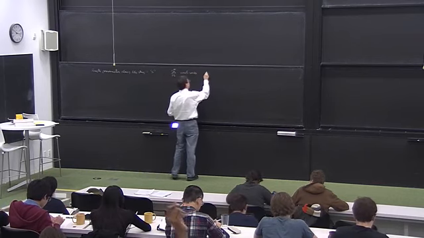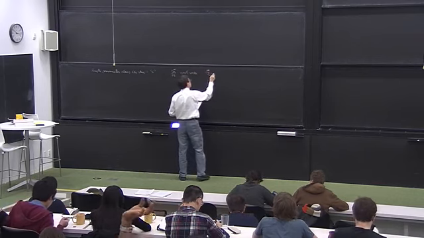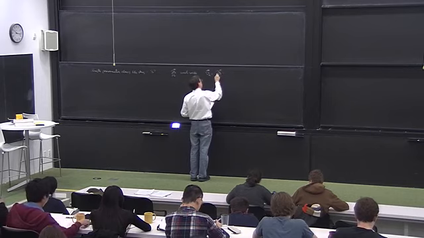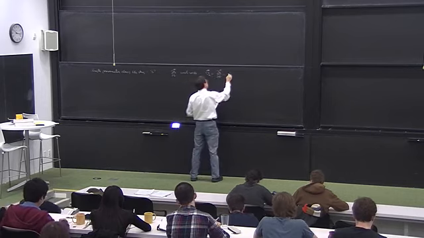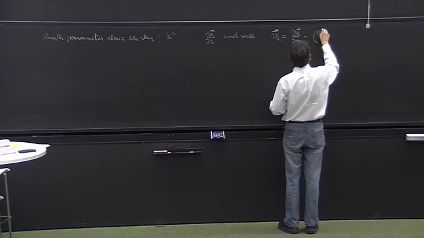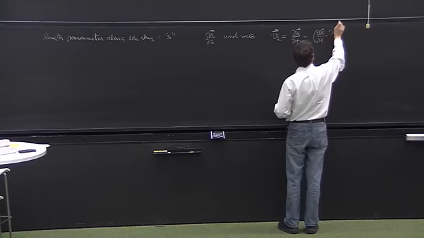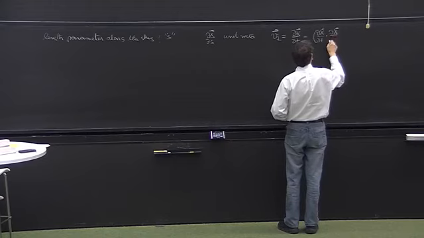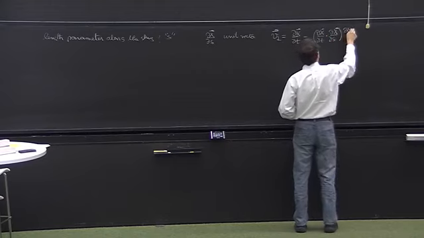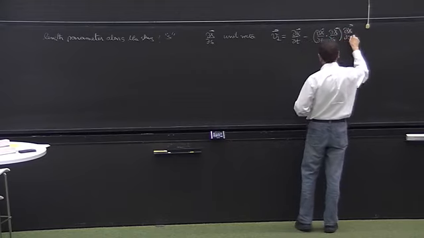And we defined the perpendicular velocity to be the transverse velocity, (dx/dt · dx/ds) times dx/ds.